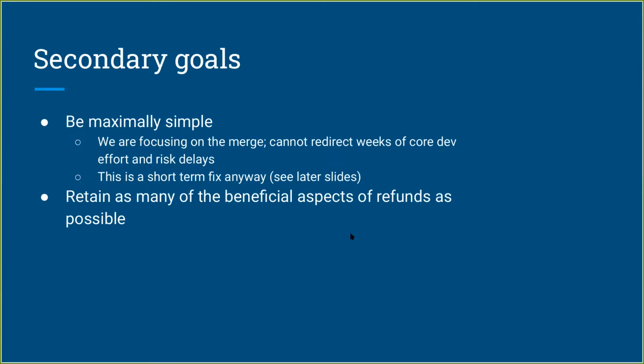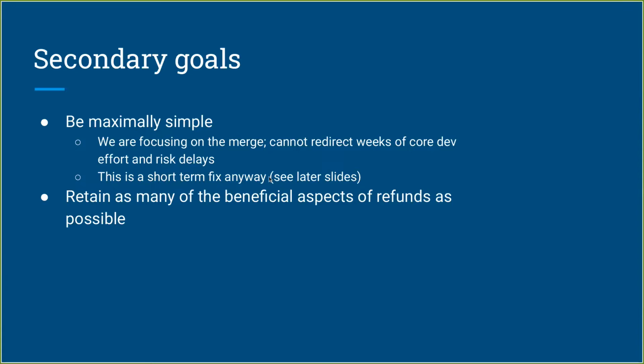So, secondary goals of EIP-3403. One is to just be maximally simple. So it's not a nirvana perfect solution. One reason why is we want to focus on the merge, and that becomes harder if weeks of core development need to be redirected to some more complicated transition that completely reorgs things and adds like 5 different clauses. And also, this is a short-term fix anyway.